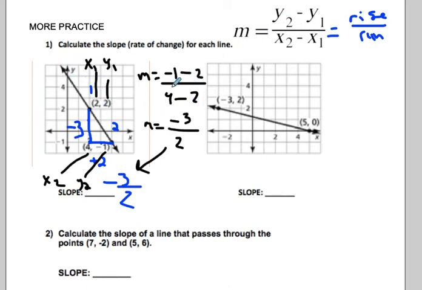The other thing you can do is, I could have called this one point 2 and this one point 1, and these values would have been swapped, but you still will get -3/2. You'll actually get 3/-2, but the position of the negative sign doesn't matter. The negative sign can be on top, on the bottom, or out front. The negative just means that your line is going down as you move to the right.